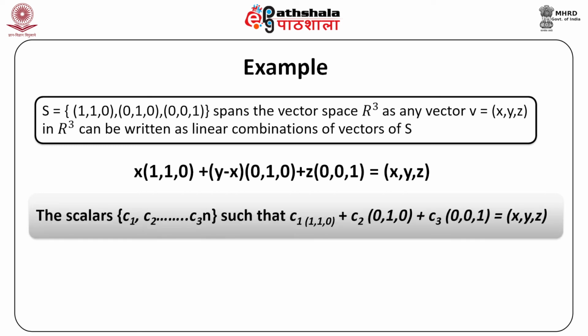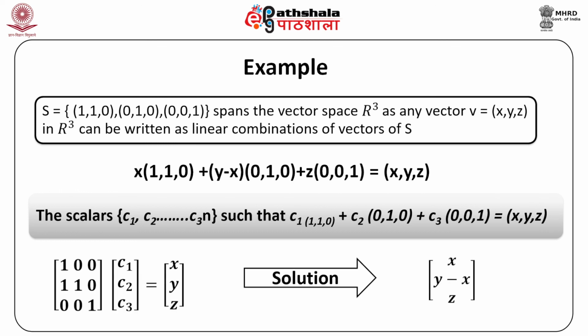This can be illustrated as follows. Here we need to determine the scalars C1, C2, up to Cn such that C1(1,1,0) + C2(0,1,0) + C3(0,0,1) = (x,y,z), or the matrix [1,0,0; 1,1,0; 0,0,1] times (C1,C2,C3) equals (x,y,z).